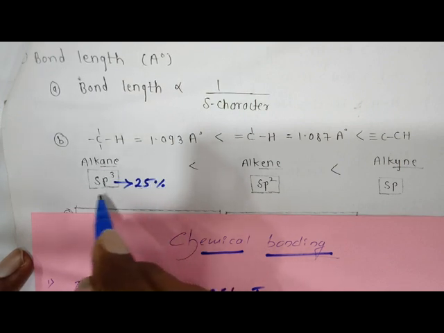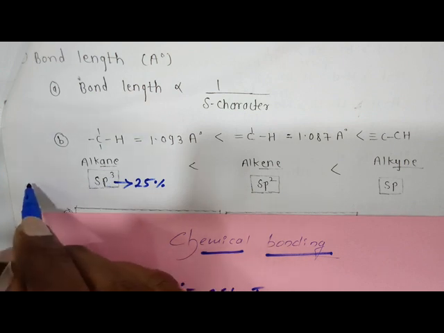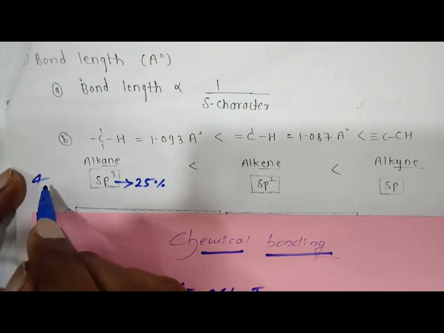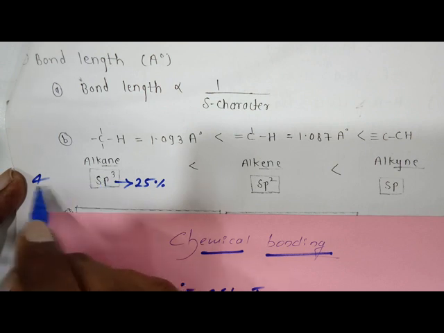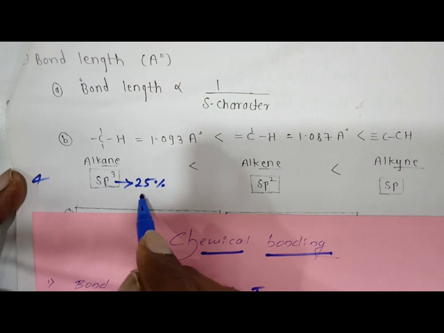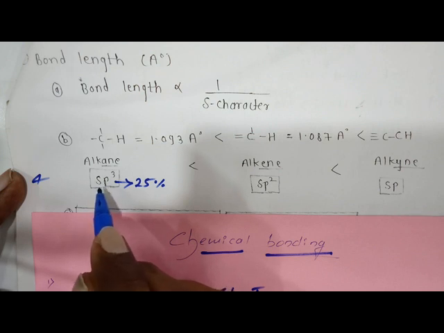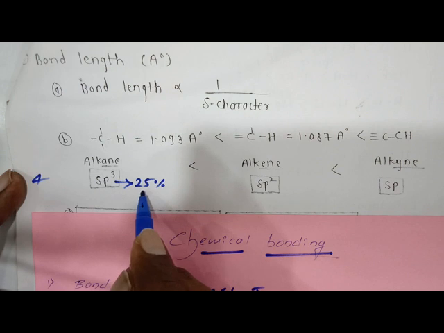How is it 25? The hybridization is sp3, so in total there are 4 orbitals. 100% divided by these 4 orbitals gives 25%. That means 25% S character, 25% P character, 25% P character, 25% P character. So in total the P character is 75%, and the S character is 25%.